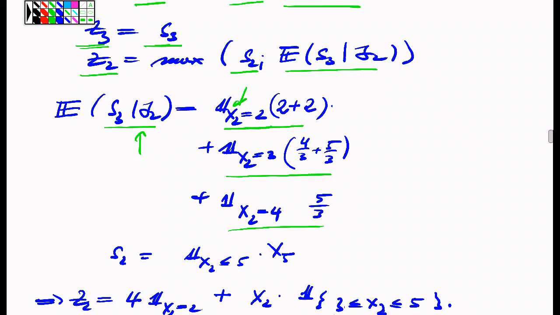For instance, if x2 is 2, so the first two numbers in sum are 2, which means both were 1. Then what's the expectation of the total win after that? Well, you know that you have 2 already, and what you add is the mean value of all the future outputs, which is 1, 2, or 3 with equal probabilities. So the mean value of this is 2. So you have 2 plus 2 as the expected value, which is 4.